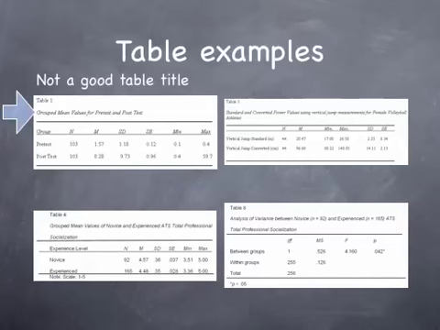All right, here's some examples. The first one, I have that arrow by Table 1. It's not a good table title, and the main reason why is it just doesn't provide us enough information. It says group mean values for pre and post test. Pre and post test for what? It doesn't tell me anything.